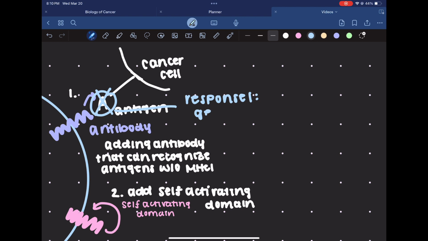We get rid of antigens, right? And this is, again, our cancer cell doing this in response to these CAR T cells.